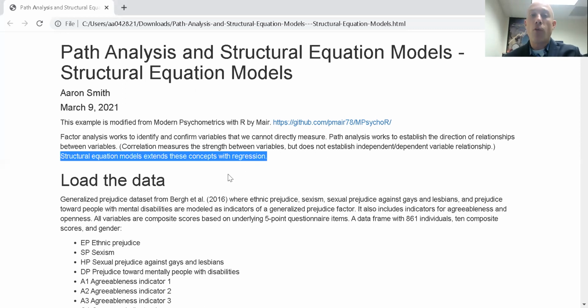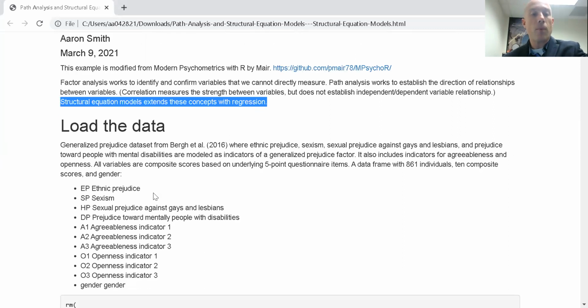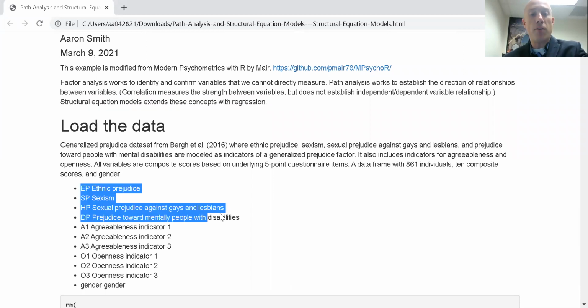For this example, we're going to be using a prejudice data set. We have some measurements of prejudice, and we're going to use these as indicators for a general prejudice latent variable.